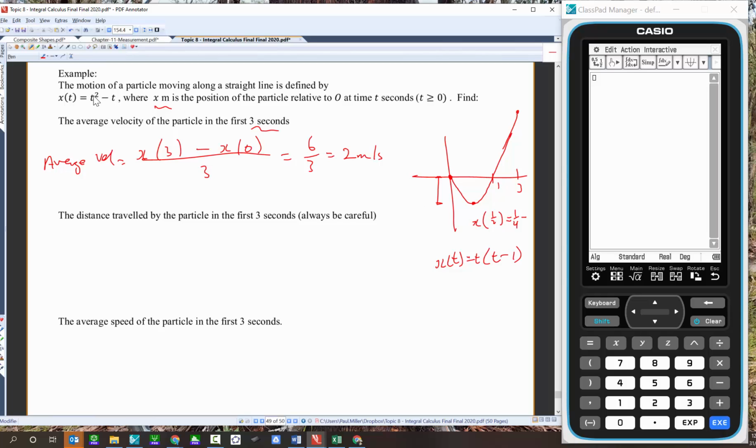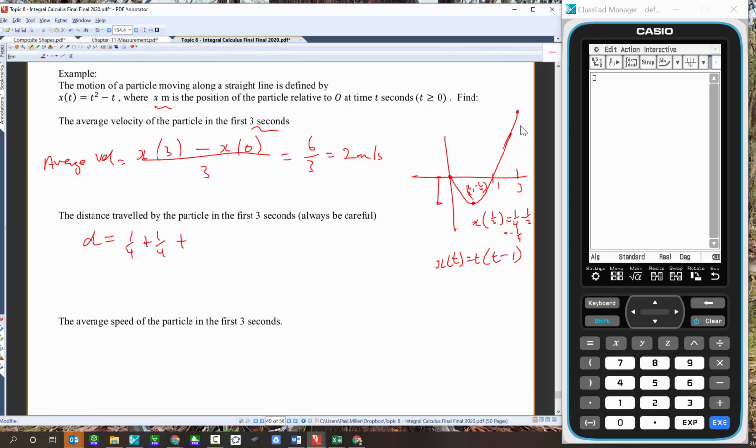A half times a half is a quarter, take away a half, and that's going to be negative a quarter. So the turning point here is half, comma, negative quarter. The distance then is the absolute value of negative a quarter, which is a quarter. So it's a quarter from there to there, and another quarter from there to there.